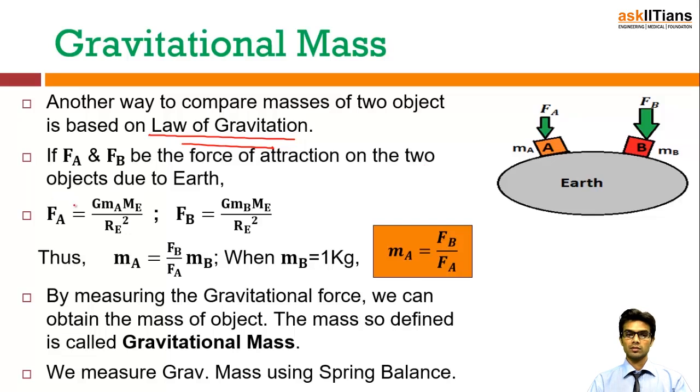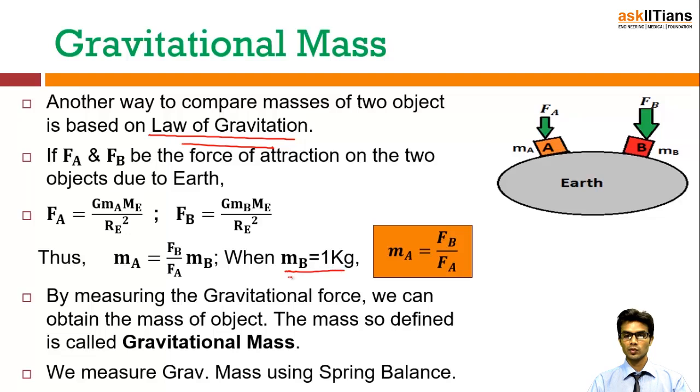So Fa is equal to G ma me by Re square, and Fb is equal to G mb me by Re square. Equating these two equations, we get ma is equal to Fb by Fa into mb.